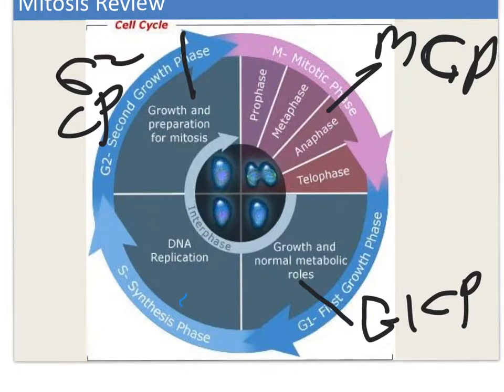In G2 the cell has to be large enough. All the DNA has to be double the amount. And then in mitosis, the chromosomes have to separate equally. So each side gets homologous chromosomes instead of one getting 1 chromosome and the other getting 3.